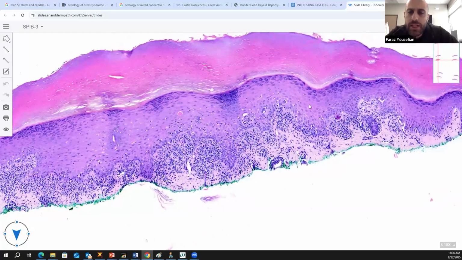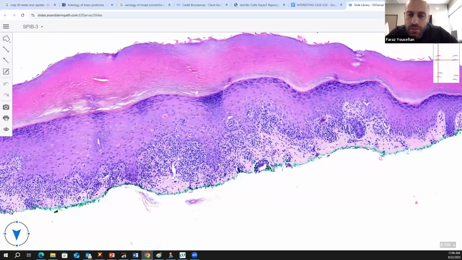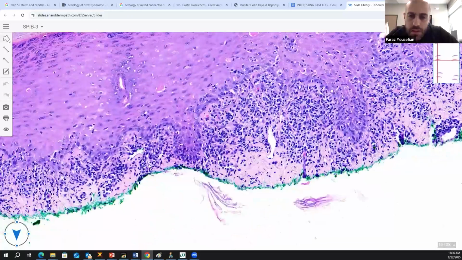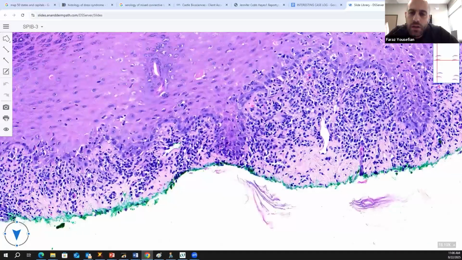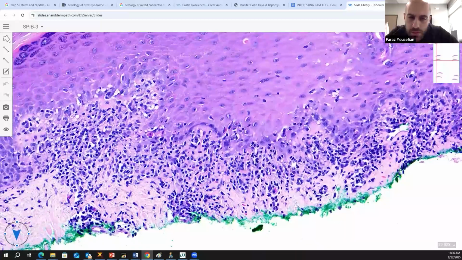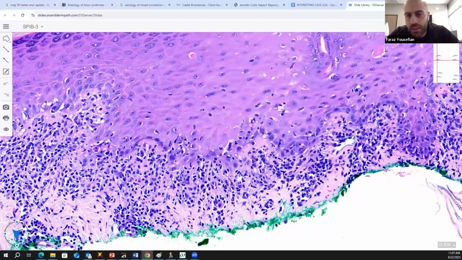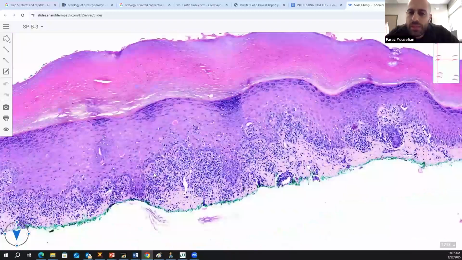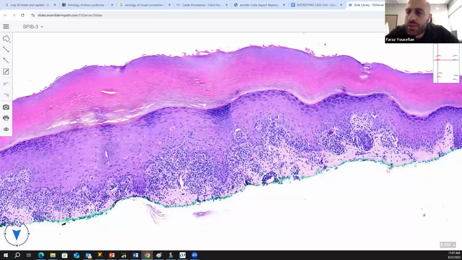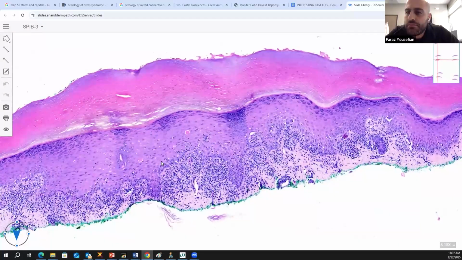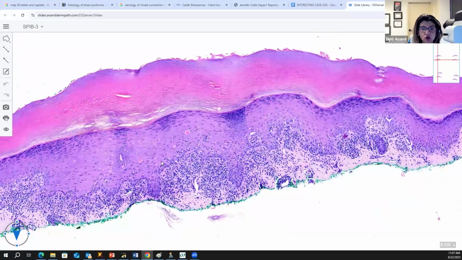I see some dyskeratotic cells, the pink ones there. There's a cytoid body right up there. So I'm going to put it as a lichenoid interface dermatitis, LP, but because of the amount of orthokeratosis, maybe a hypertrophic LP. So you want to call it LP?